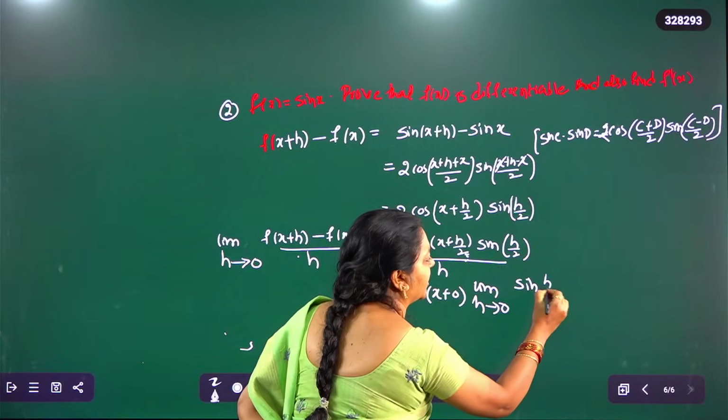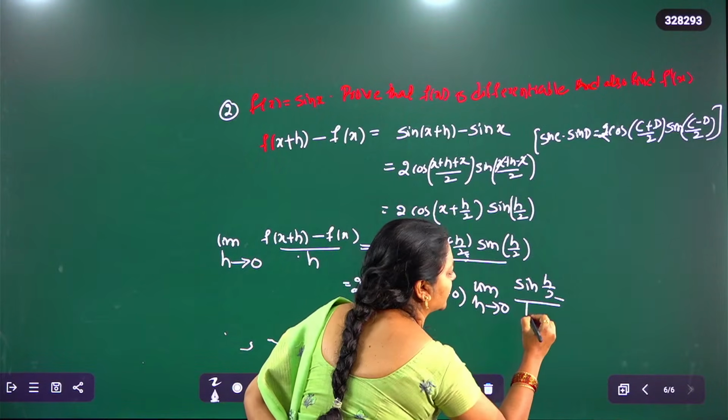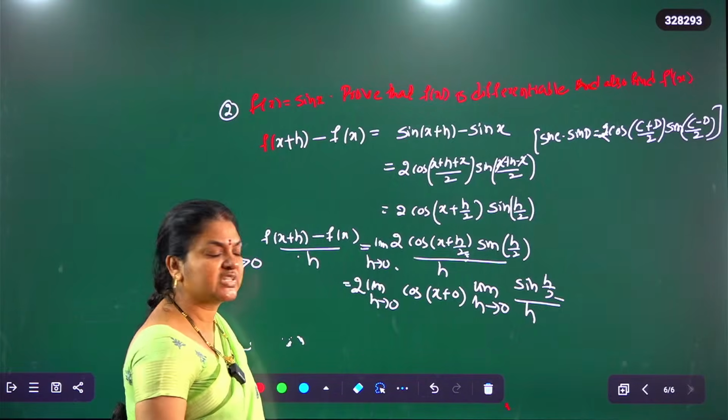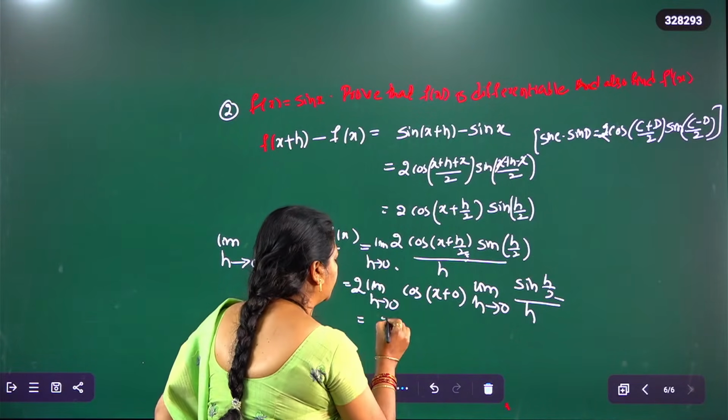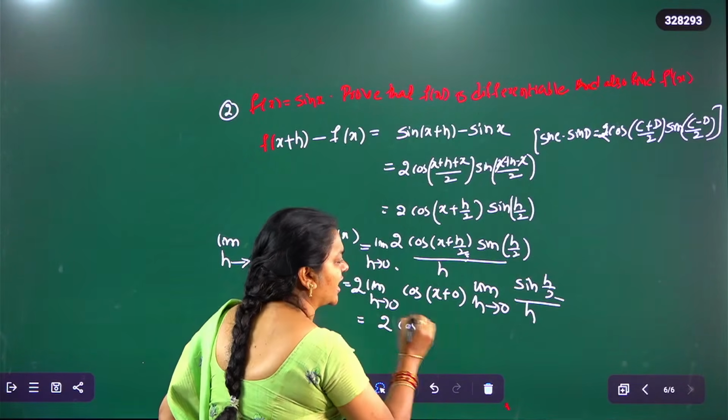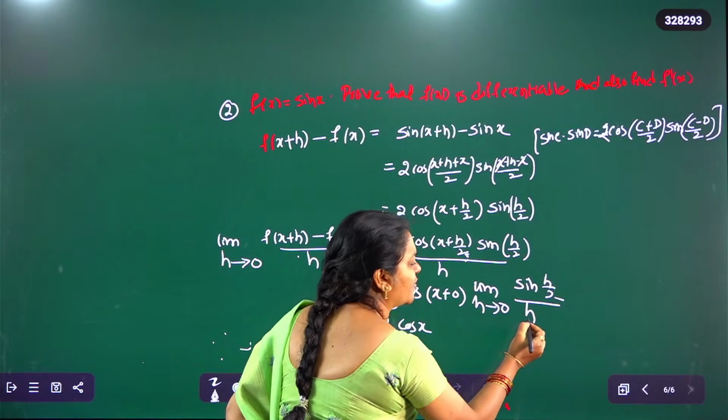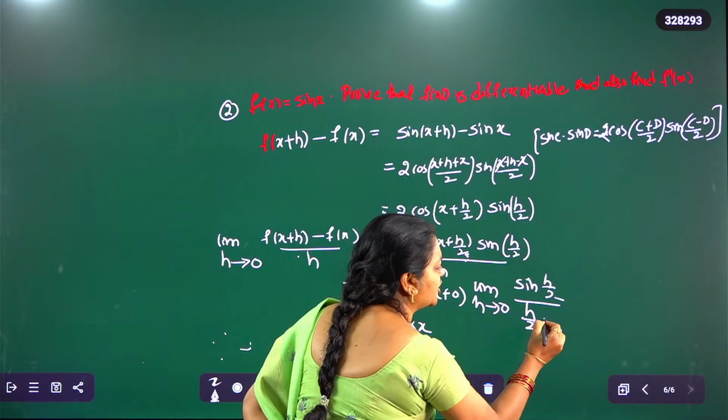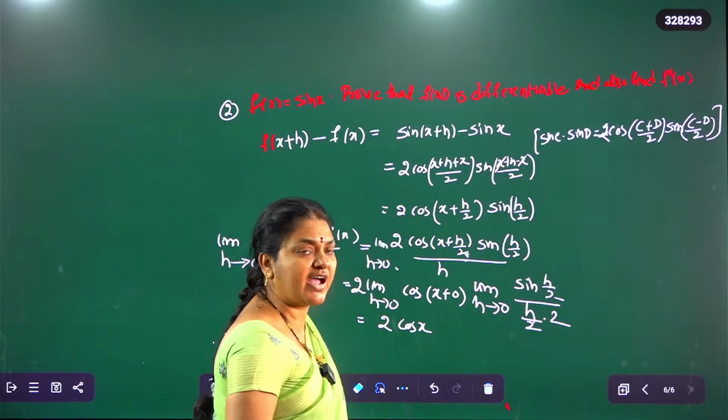Sine h by 2, and in the denominator h is there. So here 2 cos x, and we know sine h by 2, I am making it like h by 2 into 2.